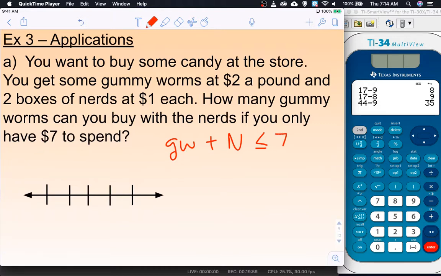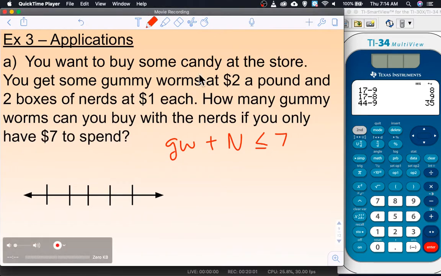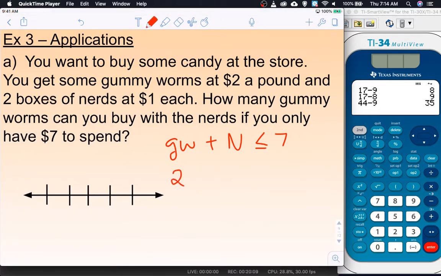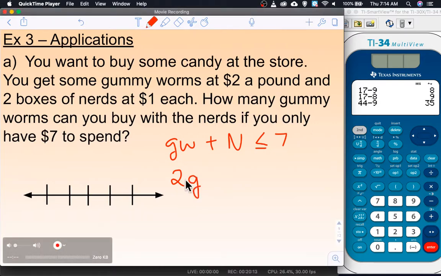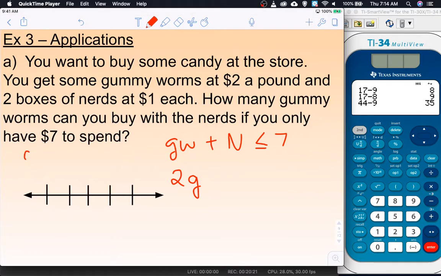Okay, so this is my verbal model. This is an in-between step between the words and the equation. We're starting to get some math symbols in there. So gummy worms are $2 a pound. I'm just going to put 2G because the cost would be $2 times each pound of gummy worms. G is like the number of pounds.